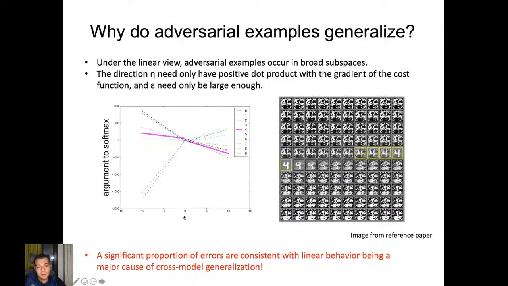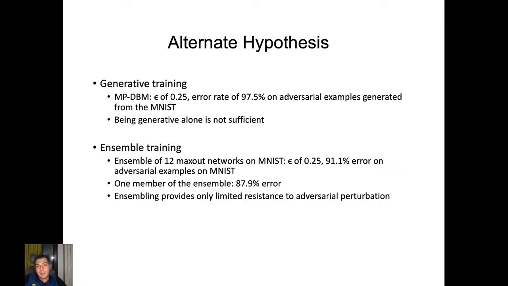So it goes in about the same direction, that it's kind of orthogonal to the model. Okay, so they conclude that a significant proportion of the errors are consistent with the linear behavior of the model, and this is the major cause of the cross-model generalization, and also explains why the adversarial examples exist.